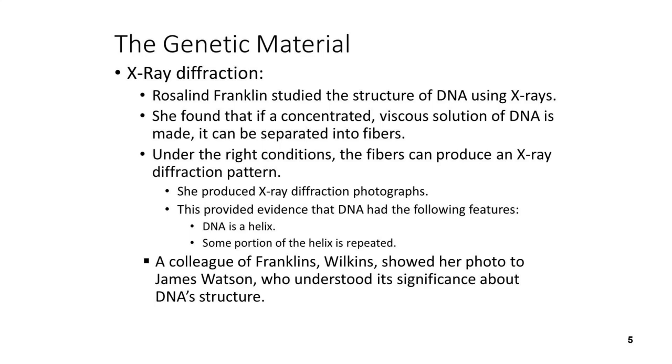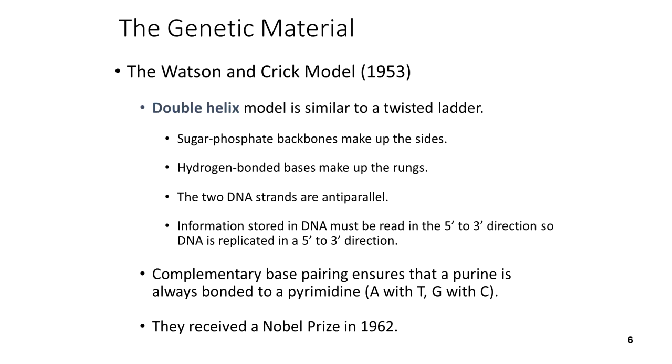Now I see the structure of DNA. So it was really a joint effort. And Watson and Crick could not have come up with their theory if they did not have that picture from Miss Franklin, right?